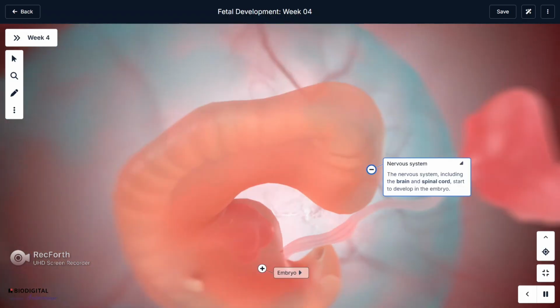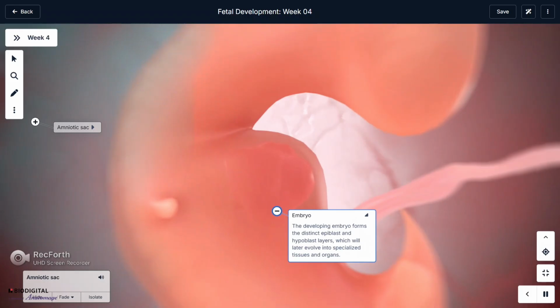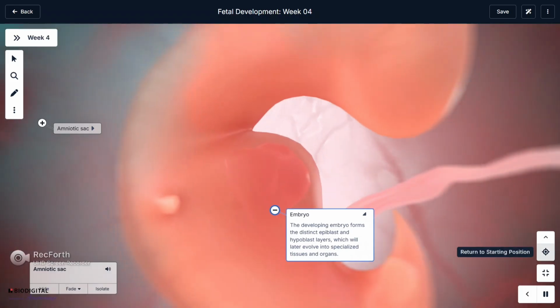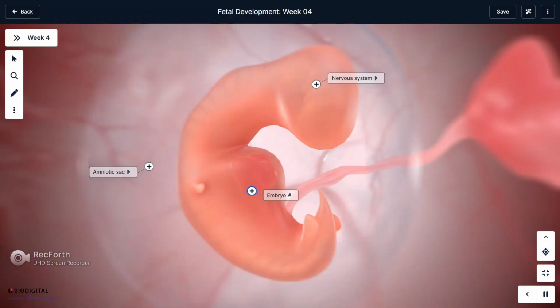And the nervous system, including the brain and spinal cord, starts to develop in the embryo.